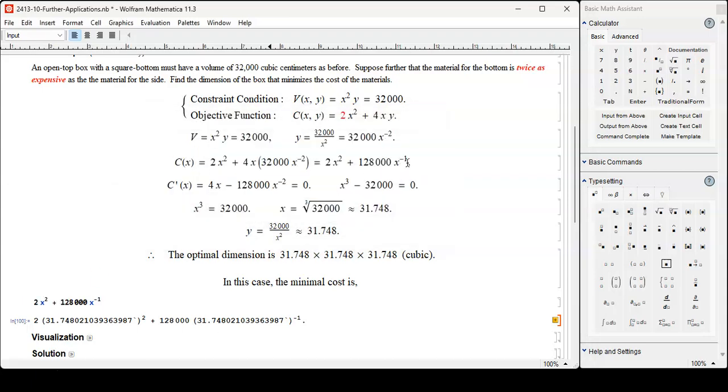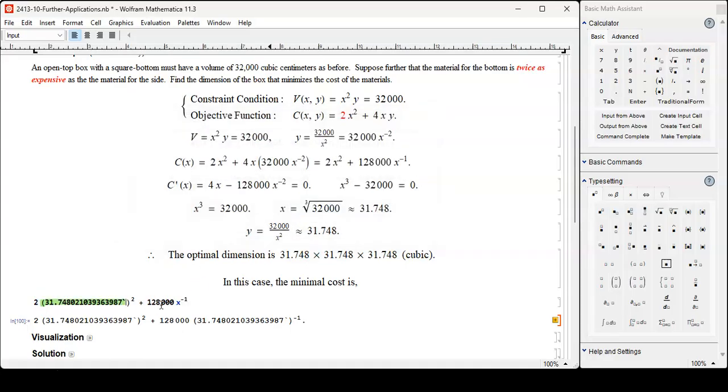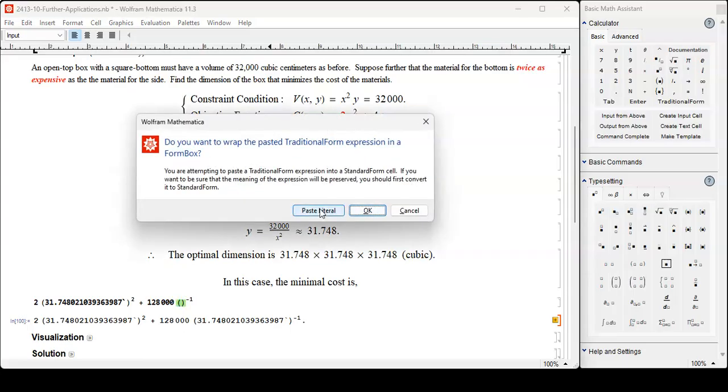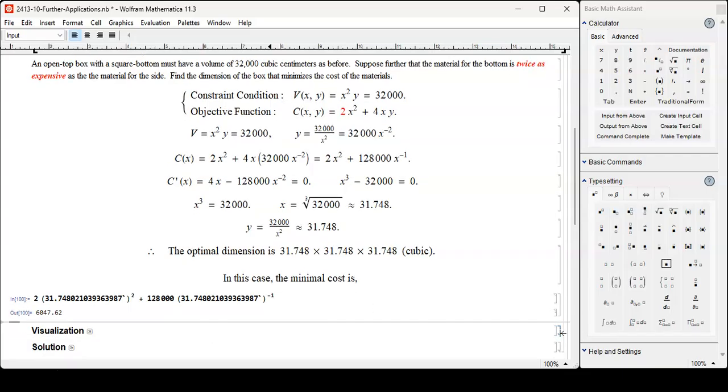Okay, that's the cost function. And then there I'm plugging in this. And then this. Okay, 6047 something.